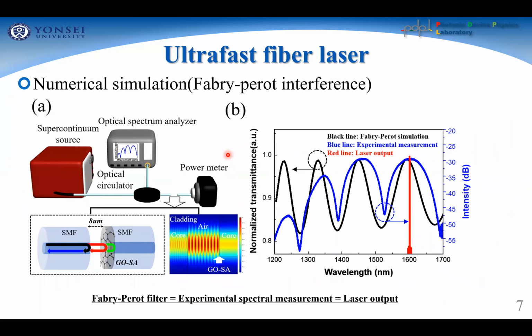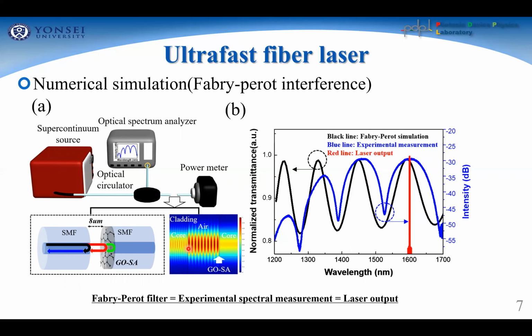We also do numerical simulations with a Fabry-Perot interferometer. We set up the SMF single mode fibers and graphene oxide thin film, and the distance between them is 8 micrometers. We also experimentally tried to make the filter structures, and this is the simulation data, and these are some interference patterns.